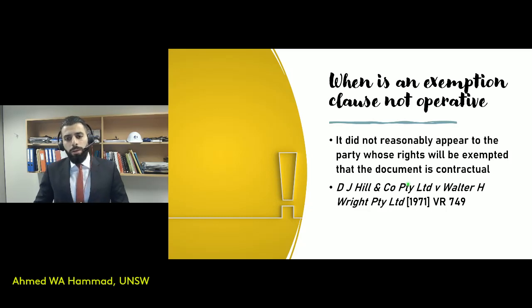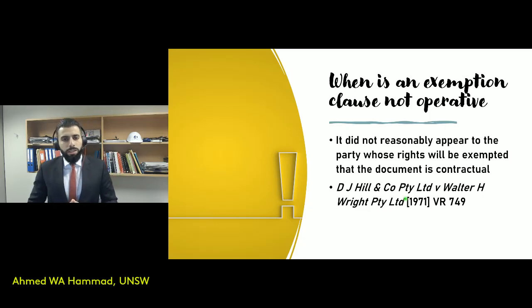The other reason where an exemption clause wouldn't be operative is where it did not reasonably appear to the party whose rights will be exempted that the document is contractual. Now, this authority case over here demonstrates, in the facts of this case, that some sort of delivery was arranged via an oral contract, and then at the end of the delivery, a receipt was presented to the receiving party, and they signed the receipt.